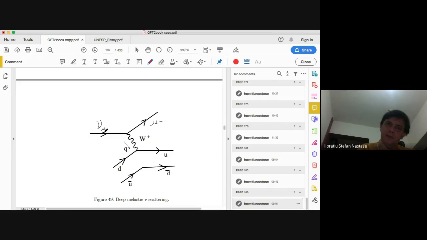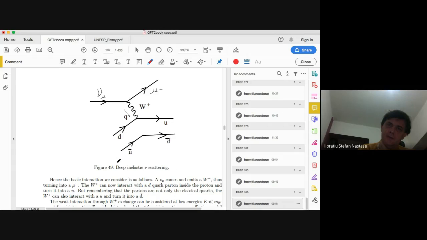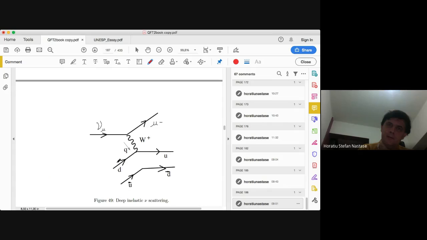Muon neutrino pops out a W plus, which interacts with a neutron, but more specifically, which interacts with a proton, but more specifically with a down quark.